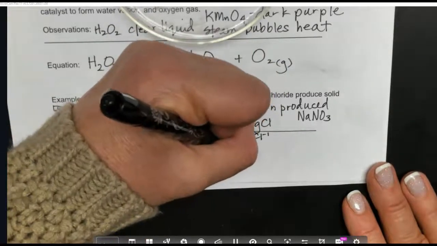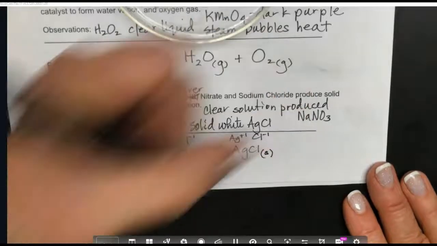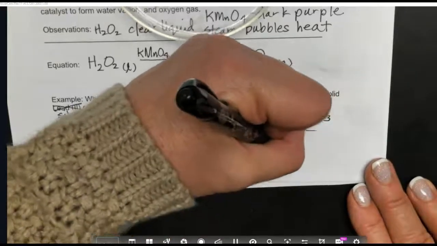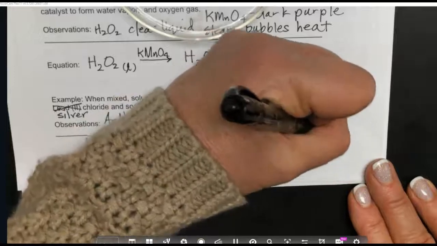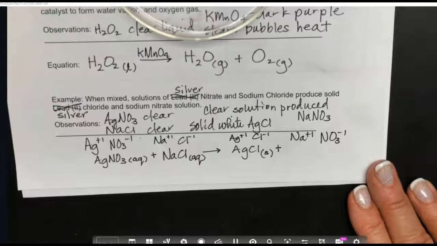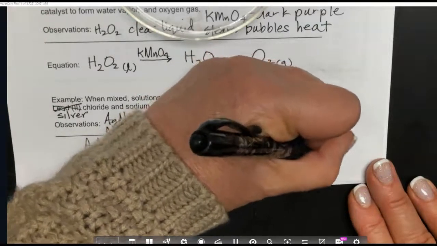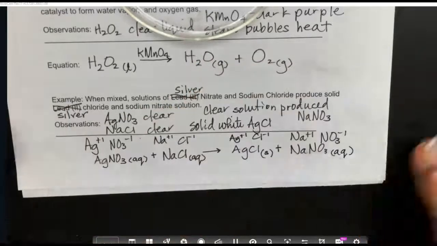So I got AgCl, but this one made that solid, so I'm going to put an s next to it. And finally, the other solution that was produced came from the combination of the two ions Na1+ and NO3 1-. So I end up with NaNO3, and that was a solution, so we write that as aqueous.